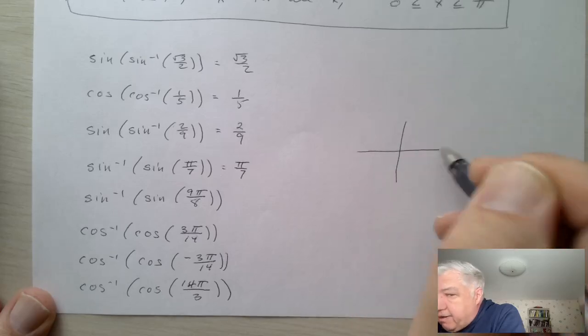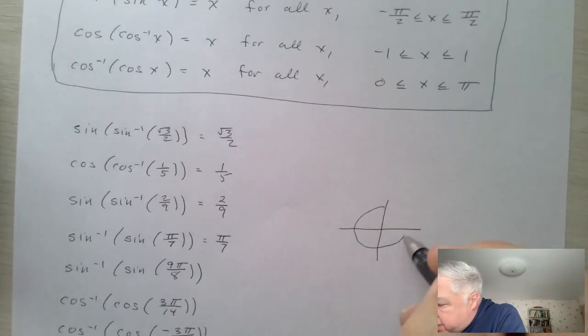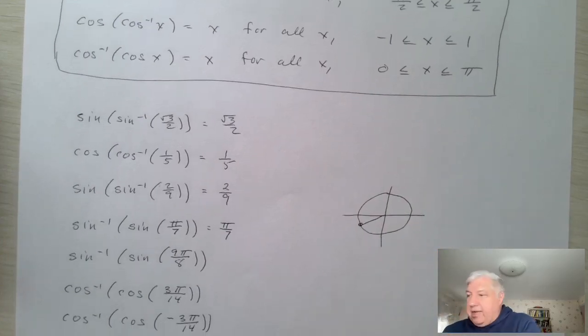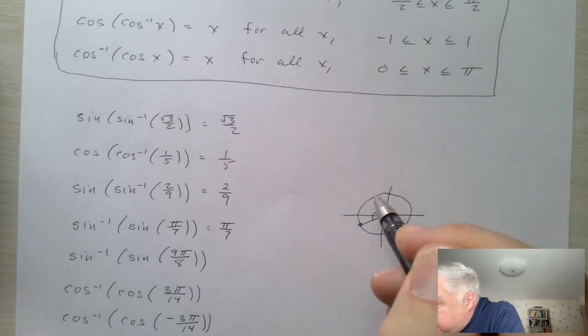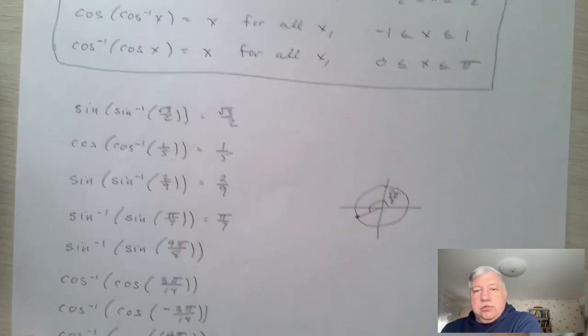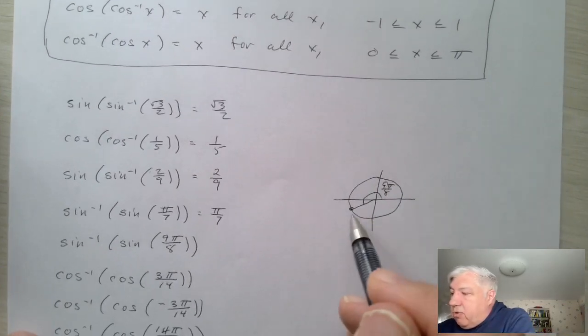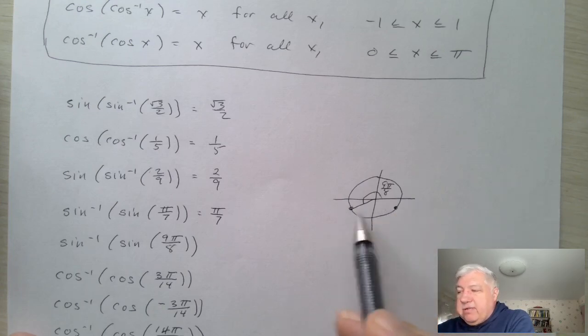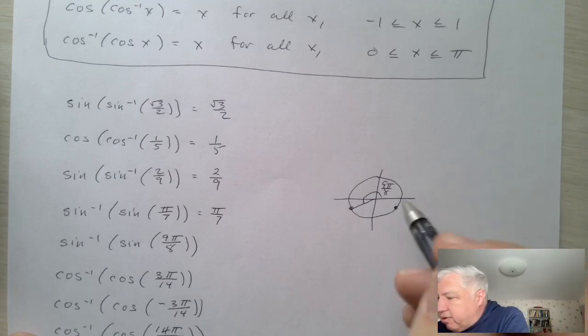If you look over here, 9pi/8 is going to be a little more than pi, so it's in the third quadrant. What the actual point we want is this point right here, because we want the sine to be the same. That means we want a point on the unit circle with the same y coordinate.